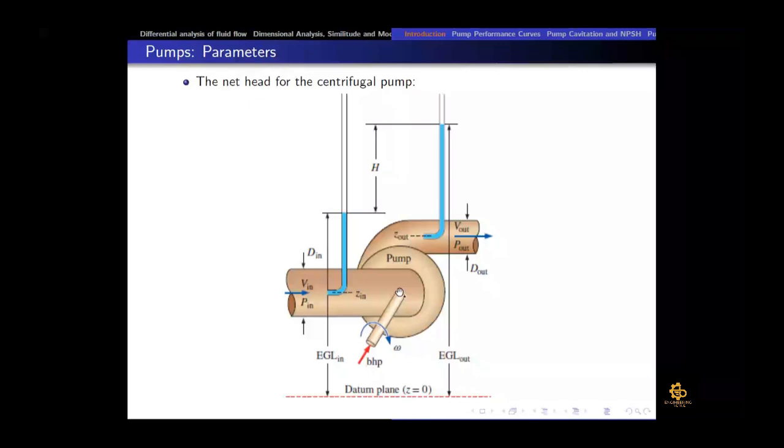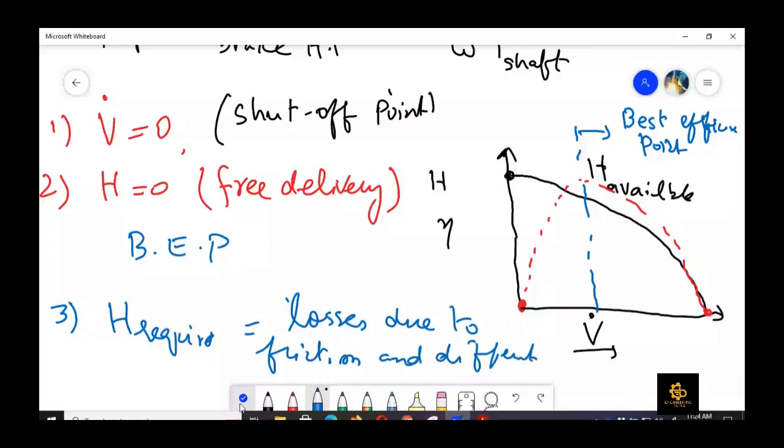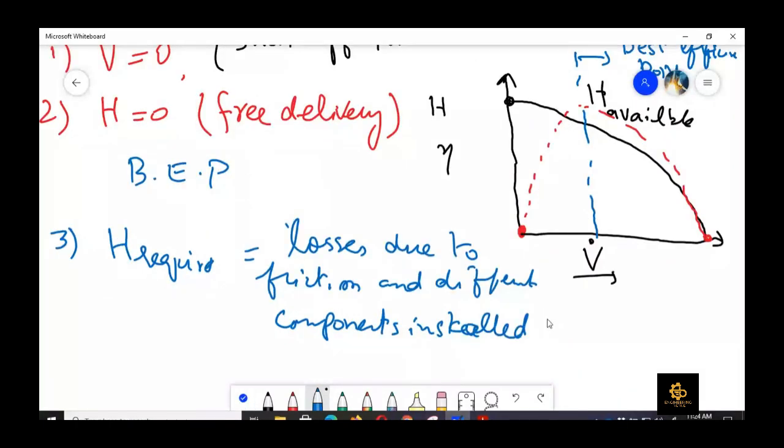So it means H required is the losses due to friction and different components installed. So we call it H required.